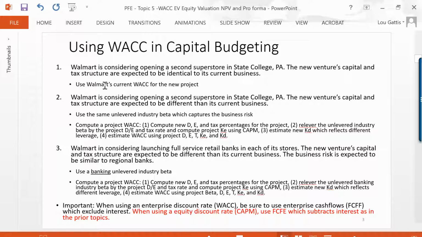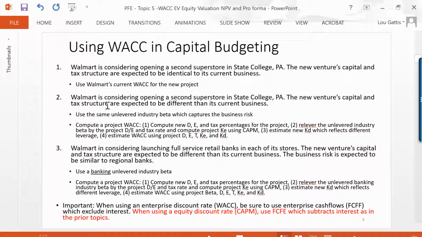So this new project, which is going to cost a lot of money, is going to be financed by the corporation. That new business is going to have the same risk as all the other stores and have the same capital structure as the other stores. In that case, just use the WACC to calculate the NPV, or use the WACC as the hurdle rate for IRR.